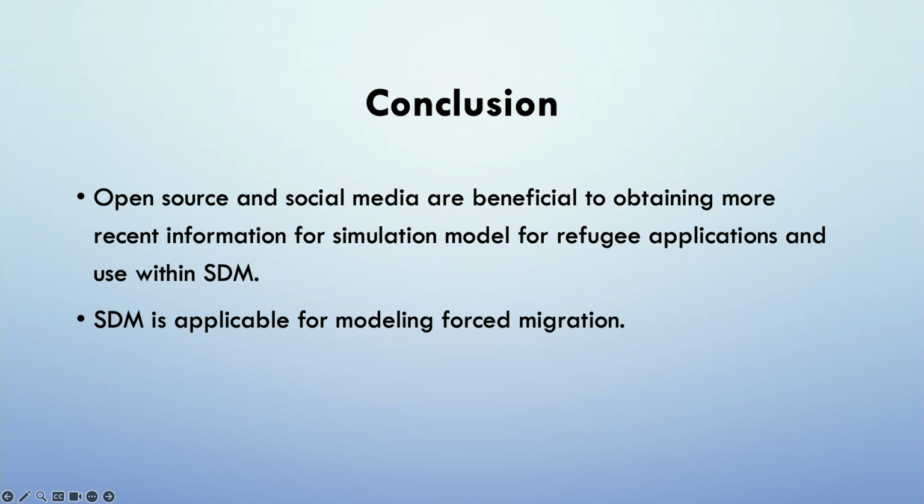So in conclusion, open source data was very useful for creating a model for having more accurate predictions. Even other organizations, authoritative organizations, their predictions can be off by several 100,000 people.